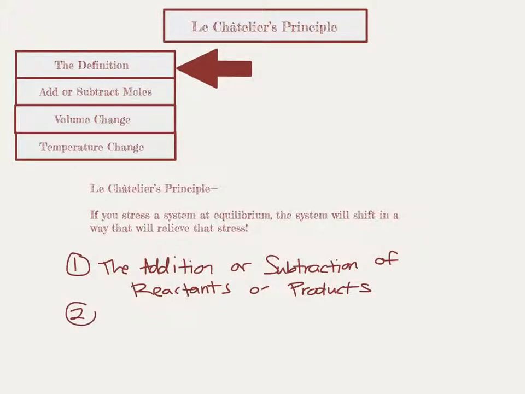The second type of stress is a change of volume. And the last kind of stress, that can even change equilibrium constants, is a change of temperature.